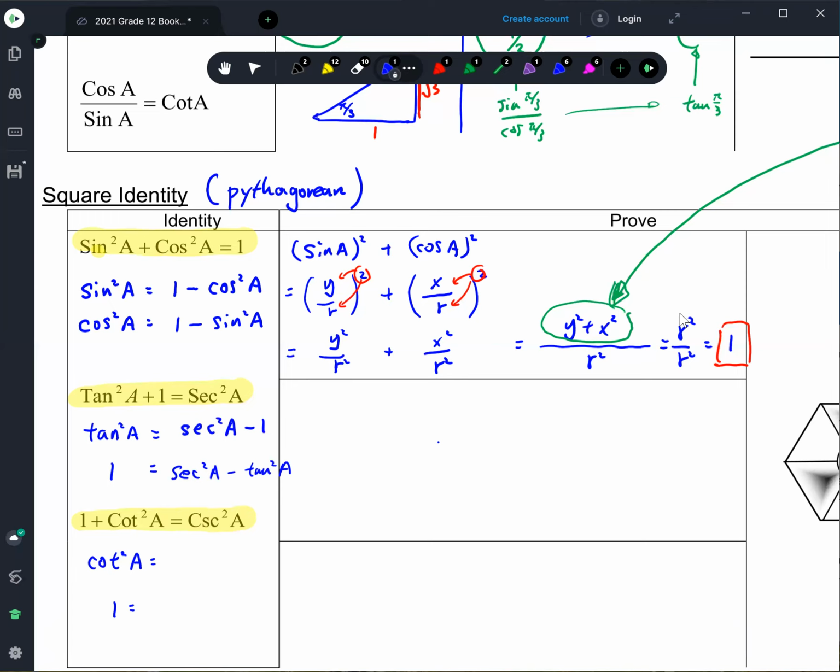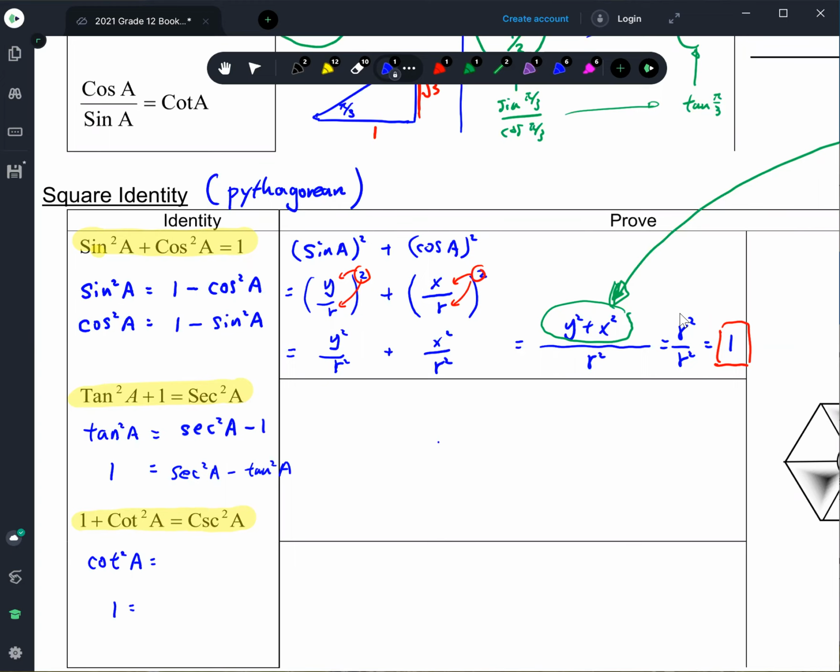Please raise your hand if you got the other two, the last two. So in the future, if you see secant squared minus tangent squared, and the angles are the same, you know it will become 1. You can simplify.